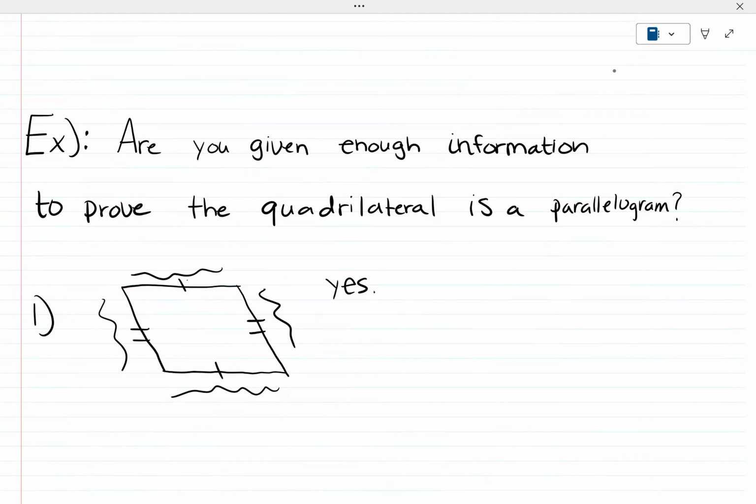The reason why I'm going to say yes is since both pairs of opposite sides are congruent.